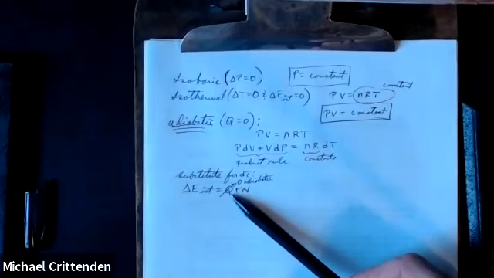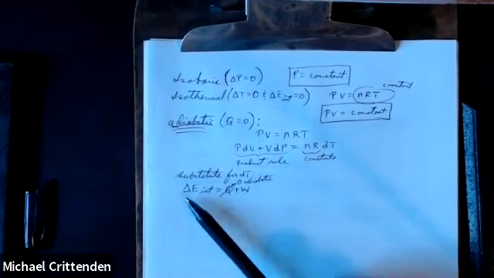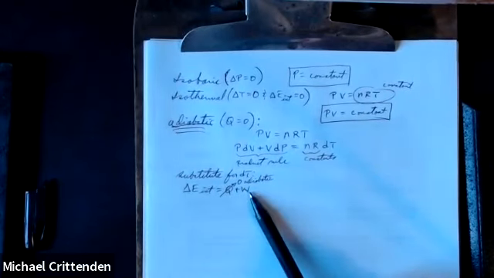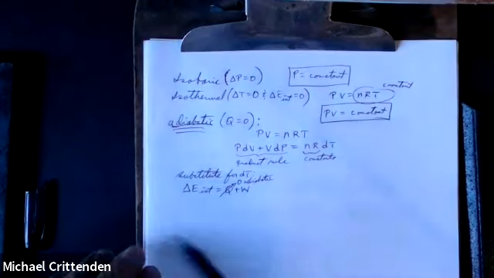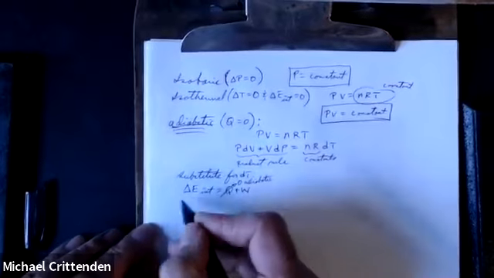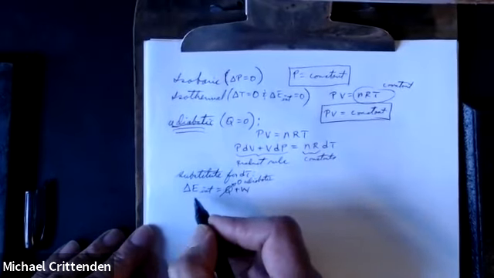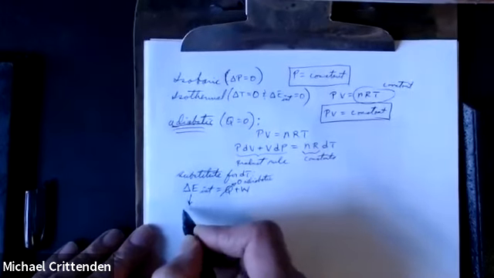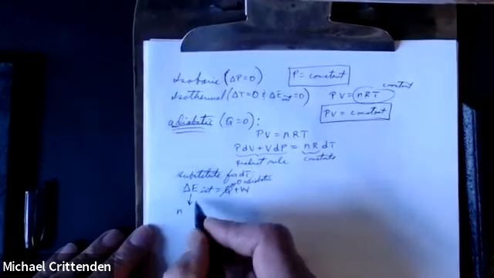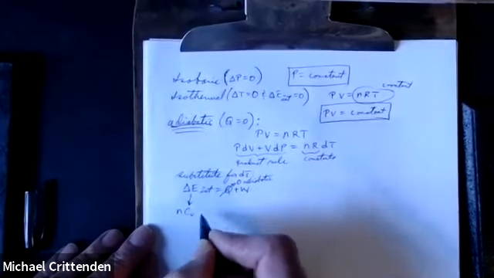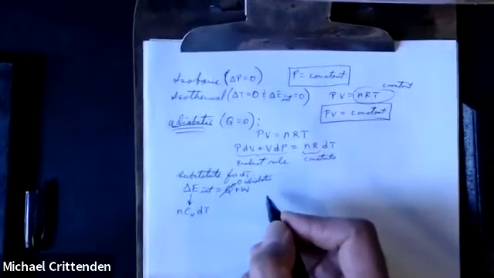So I'm going to set Q equal to 0. And so the first law tells me the change in internal energy is equal to the work done as the gas expands. Now, I'd said previously that the change in internal energy is equal to n times CV times the change in temperature.